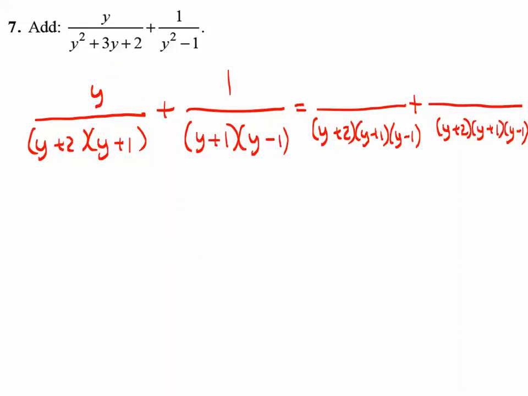So now we go to here. So y plus 2 is already here. Y plus 1 is already here. So there's one missing. And if I was going to fill it in, let me put a different color on here just so we have a different color.